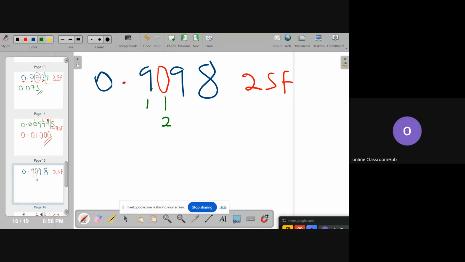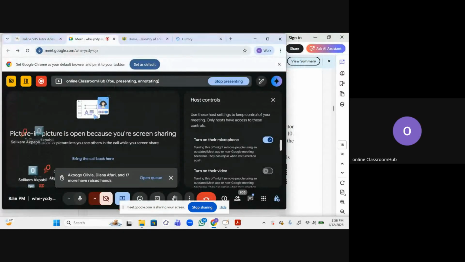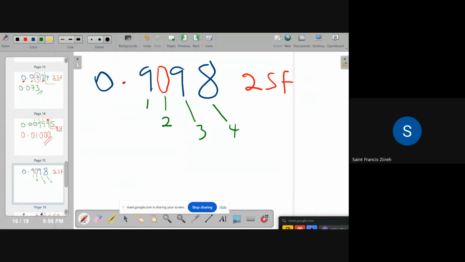The second SF is the 0 in red pen. The third SF is the 9, the 8. Once you are able to locate your first SF, all the numbers that follow are SF automatically. So once you know that the 9 is your first SF, the 0 is your second SF, the 9 is your third, the 8 is your fourth, like that.